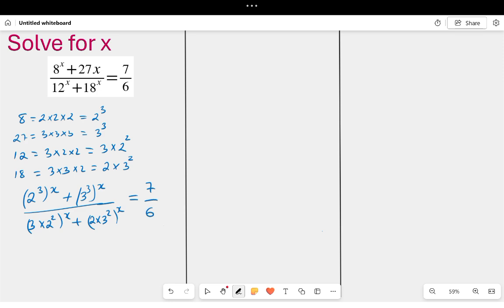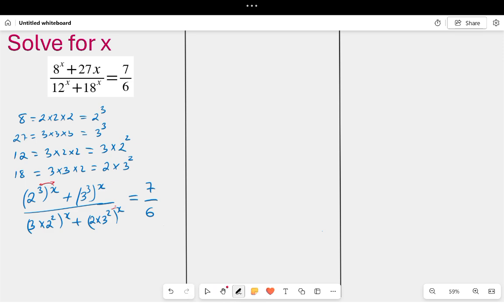Now, we can decide to swap x and 3. The same thing over here, we swap x and the numbers that we have inside.